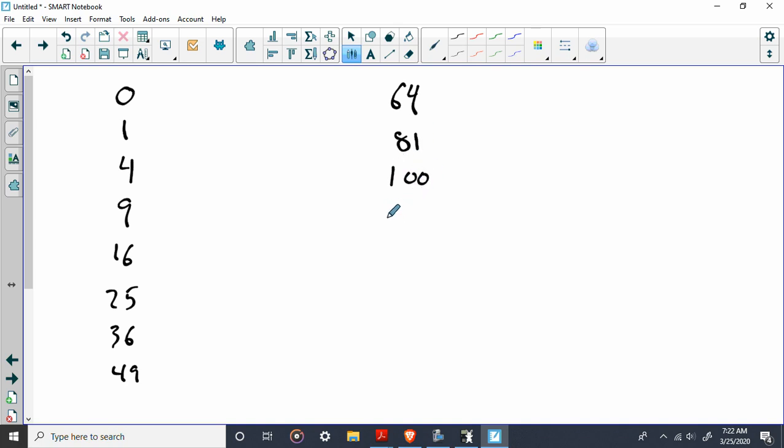And you can keep going for your 121, 144, 169, 196, 225. Again, if you want to know some other perfect squares, some good ones to know, 400 is a good one to know, as is 625.